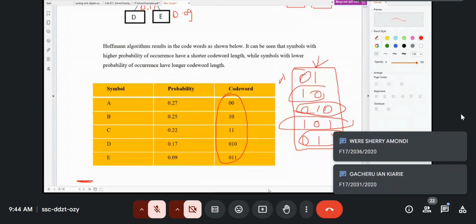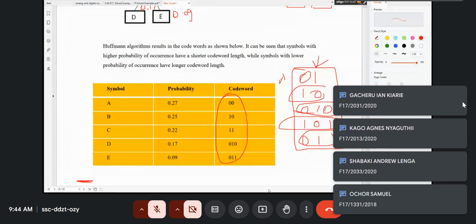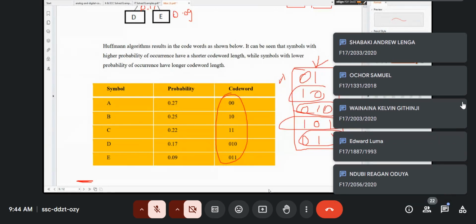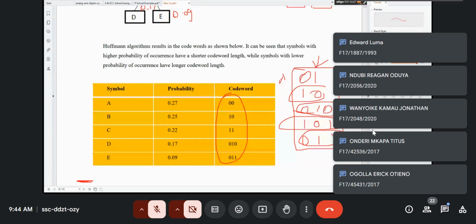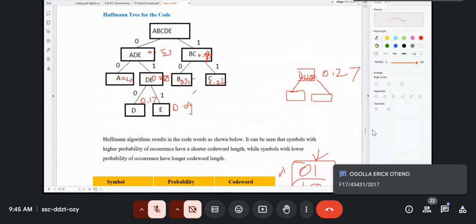Excuse me, sir. Did you say that the trees can be different for other people? No. You can use a different method there, but sometimes it can be different.